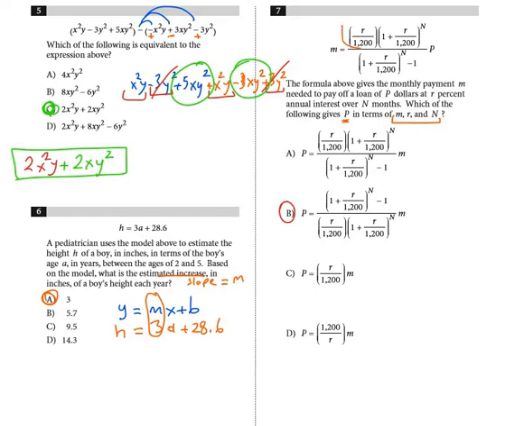So let's call this piece A. Let's call this piece on top as B, and the denominator here, let's call it C, and let's rewrite everything.